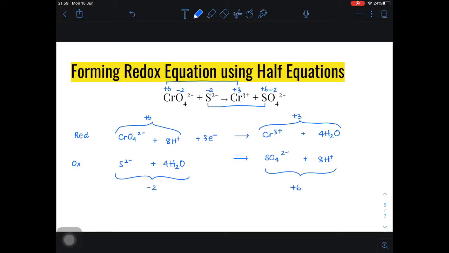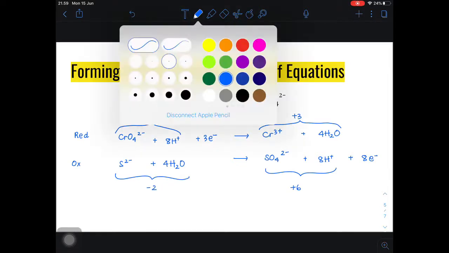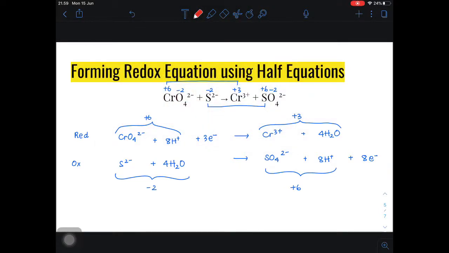So to make it equal, we do need 8 electrons. So the top one, to make it equal, needs to be multiplied with 8, and the bottom one needs to be multiplied with 3.